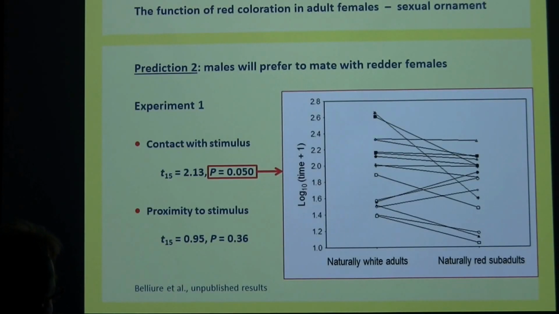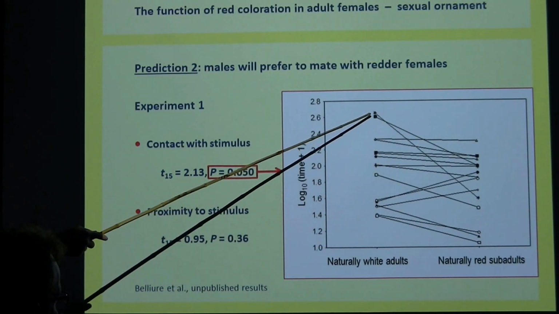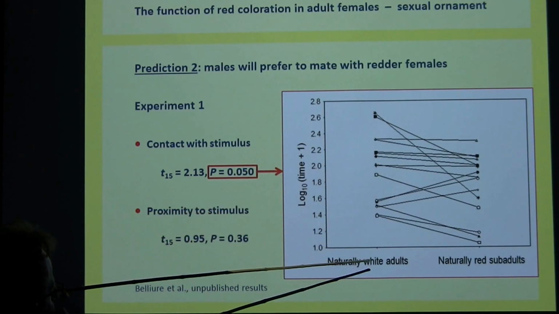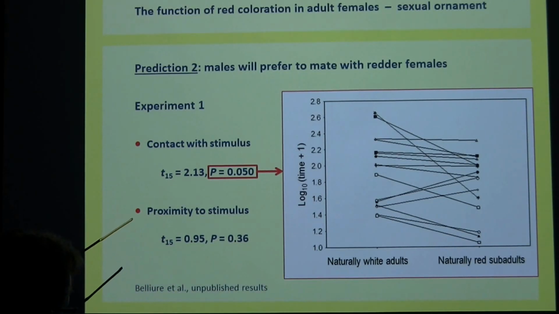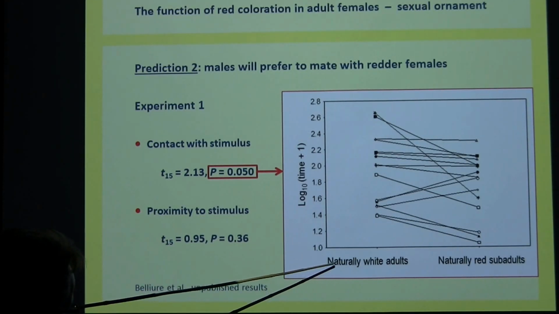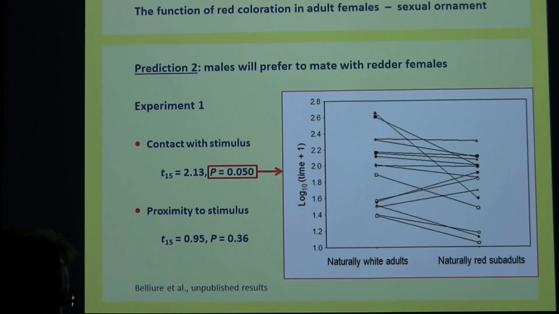These are the results for experiment 1. We found that males spent more time in contact with the transparent wall of the adult females. So it seems that males prefer large white females instead of small red ones.